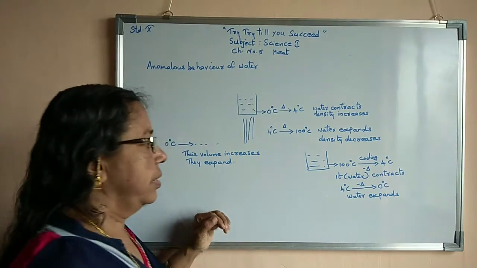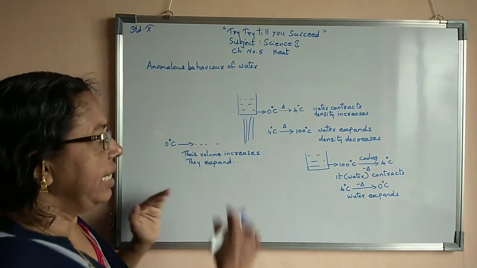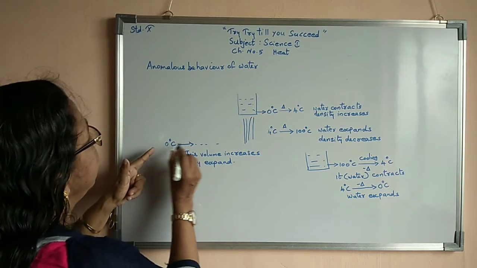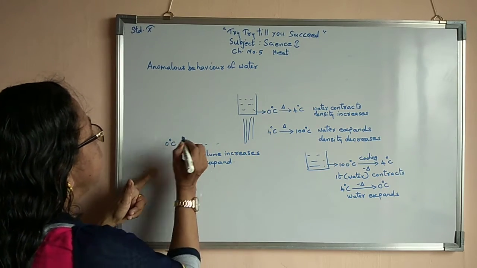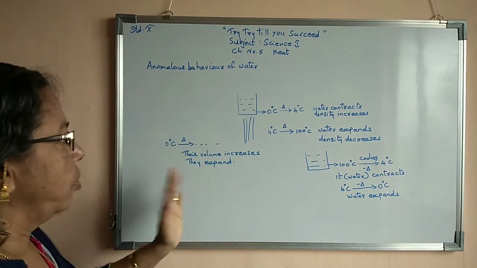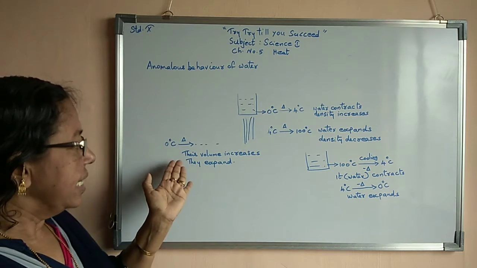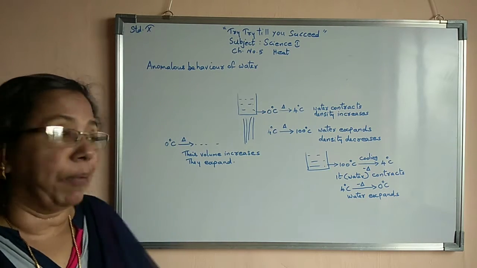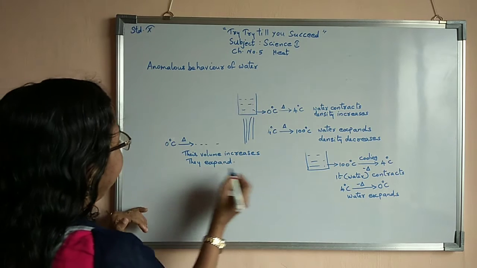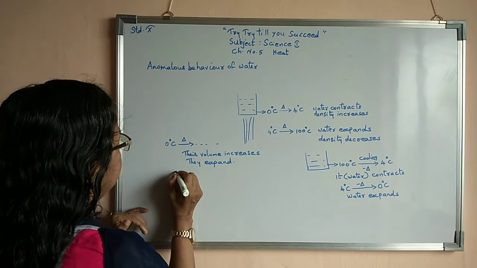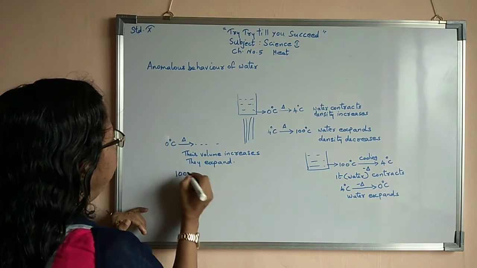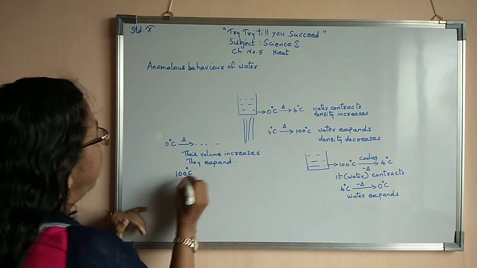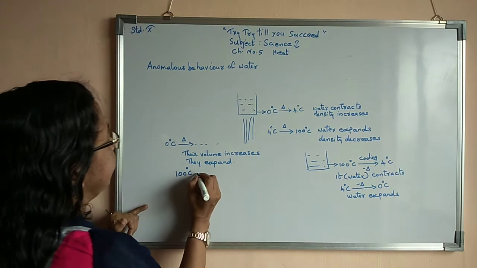Instead of contracting, it expands. Normally, any object, from 0 degrees onwards, if we are heating it, other substances start to expand. Again, from any temperature, if we are cooling it, now I am showing an object whose temperature is 100 degrees Celsius.